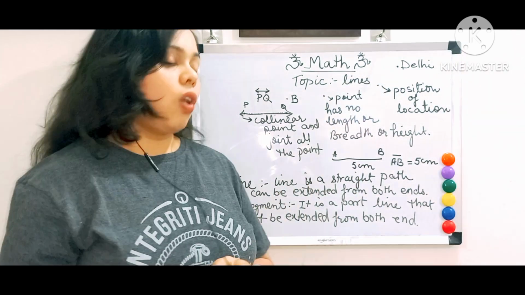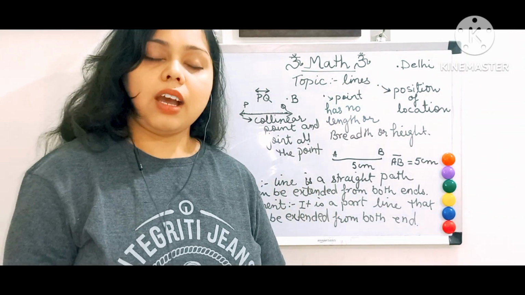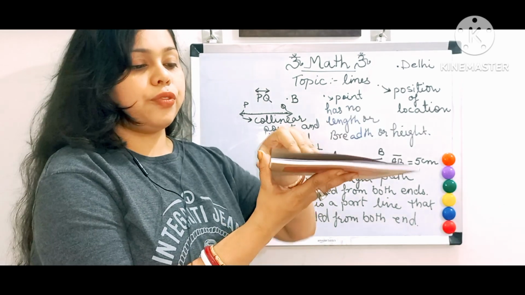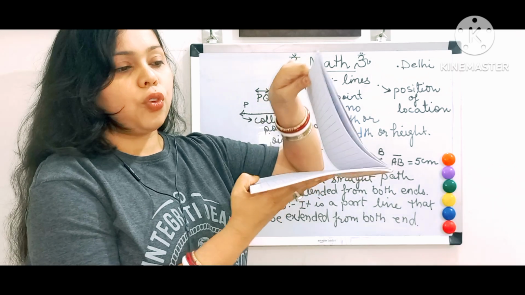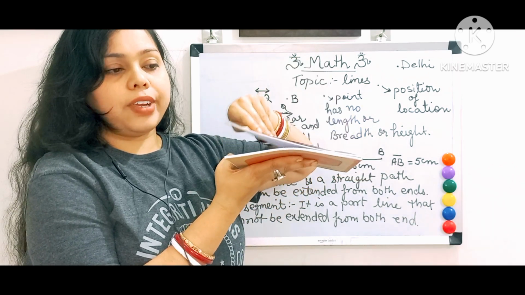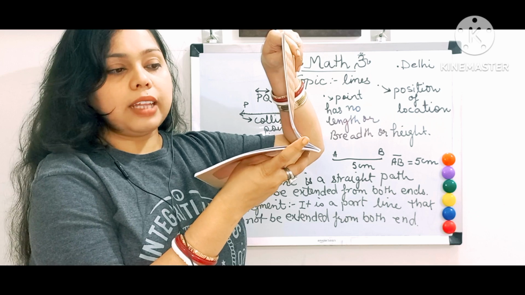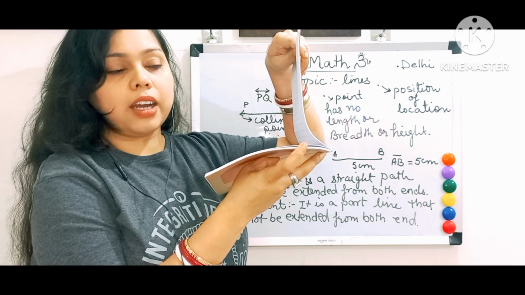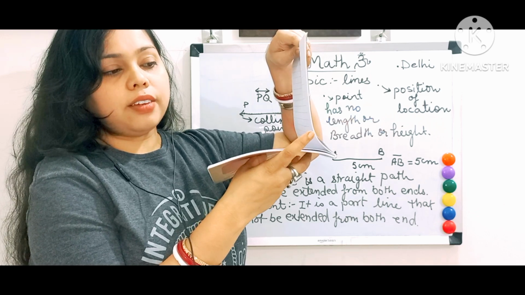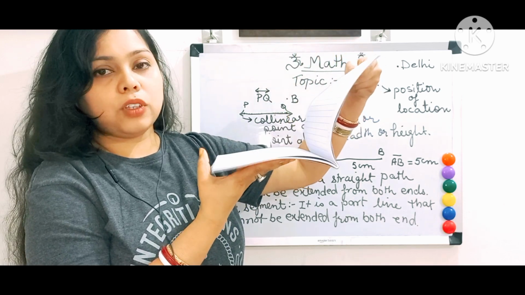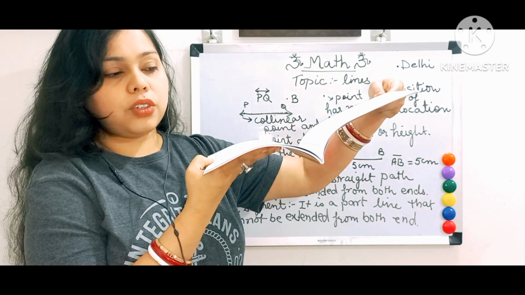Okay, also I will show you a notebook. When you open a notebook, what do you see? When you open a notebook, you see that there is an arc, or there are two parts.